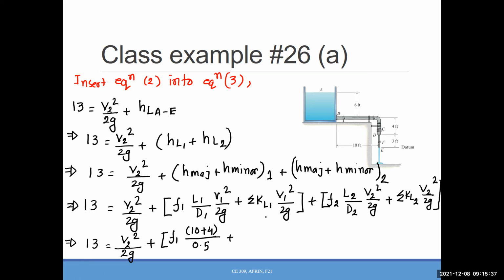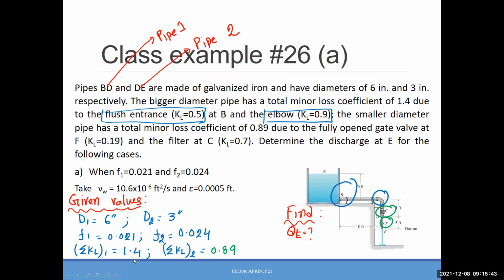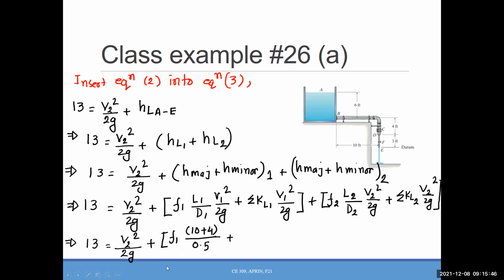And the summation of K for minor loss for pipe 1, we got that, which is 1.4, right? So 1.4 V1 square over 2g, okay? I will keep F as it is.